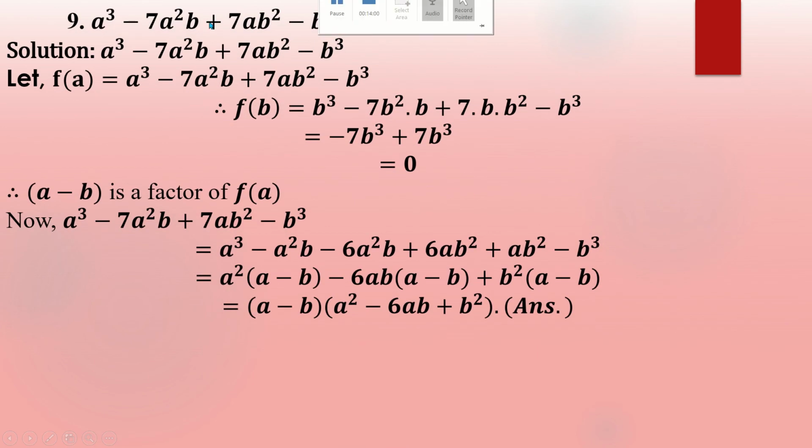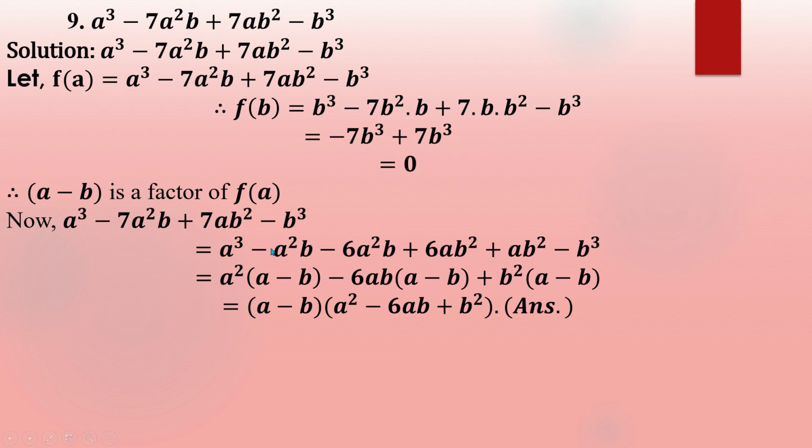Question 9, like before, here two variables, one is a and another one is b. So we'll consider a as a variable and b as constant. So the polynomial will be f of a is equal to this. When a is equal to b, we'll get this, that means 0. Therefore a minus b is a factor of f of a.